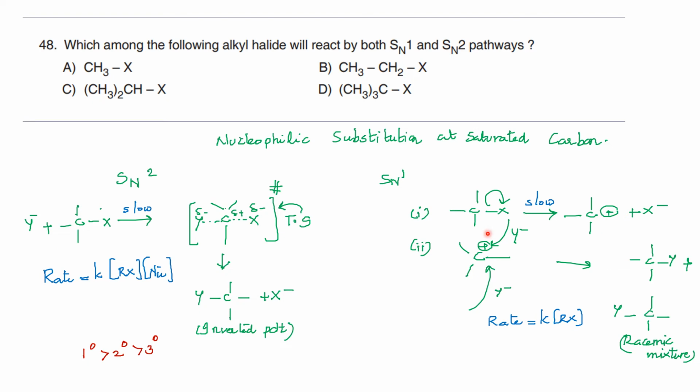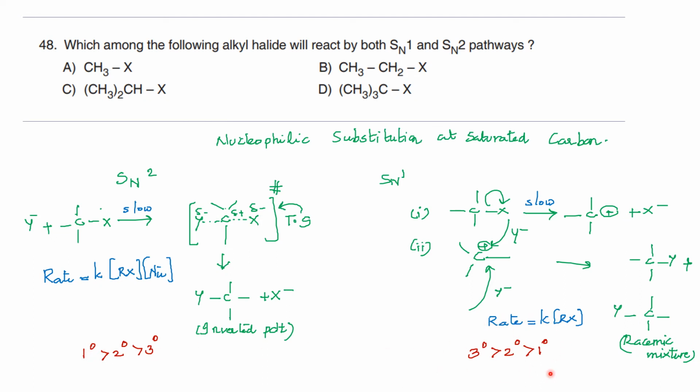Therefore, any reaction that leads to the formation of a stable carbocation, for example, tertiary carbocation, will undergo SN1 reaction faster. So when you look at the order of reactivity of different alkyl halides towards the SN1 pathway, the order follows like this. So the order for SN2 reaction is this one, and the order for SN1 reaction is this one.